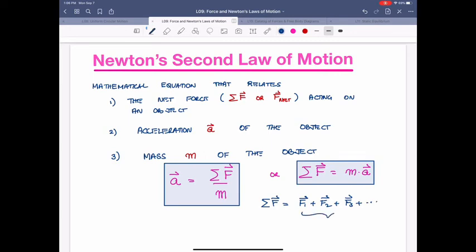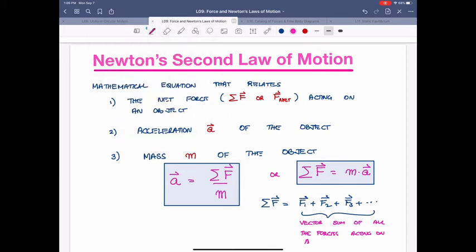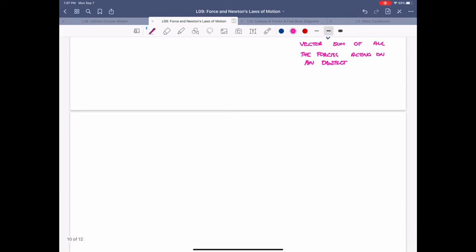By this equation I mean the vector sum of all the forces acting on an object. Okay, that is Newton's second law, which relates the net force acting on an object, its mass, and its acceleration. A few remarks on Newton's second law.